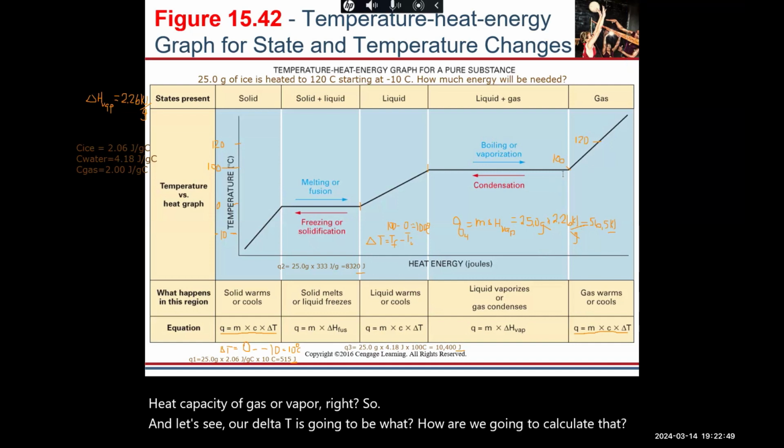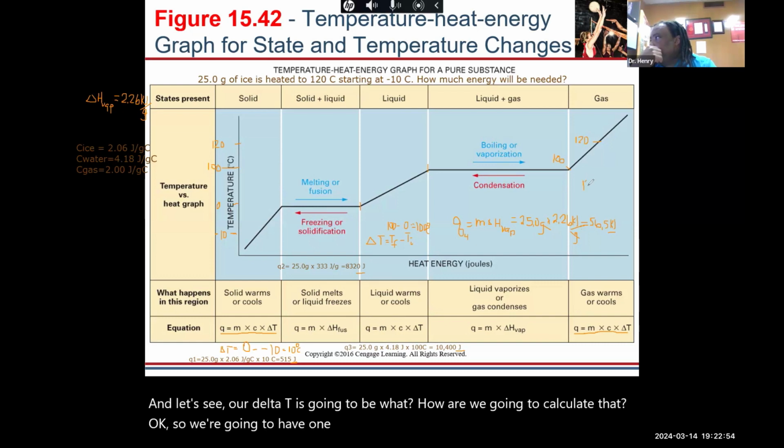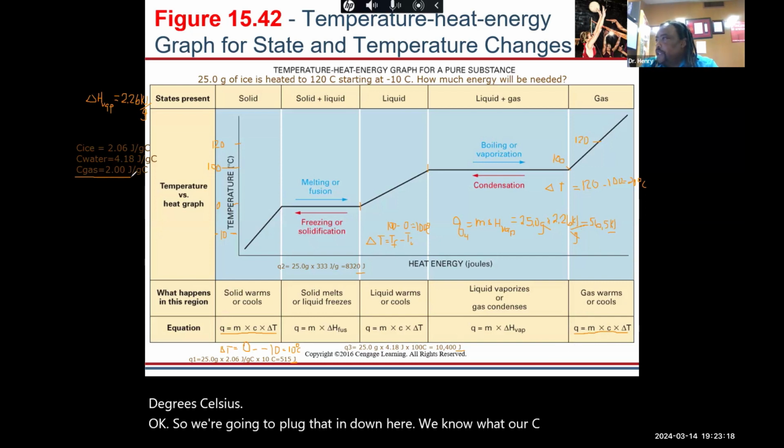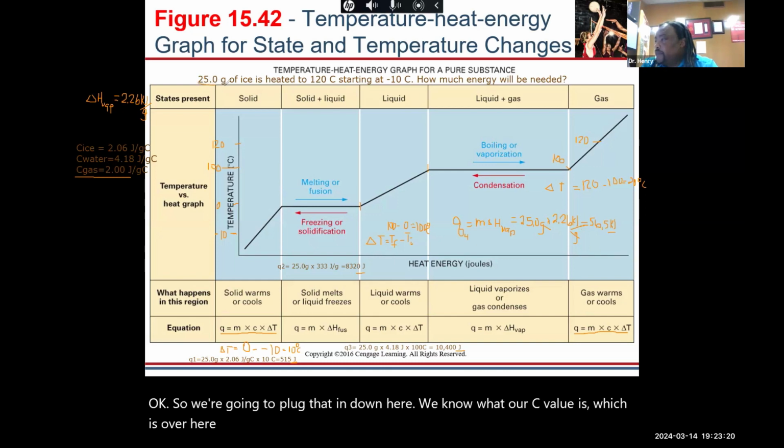The 120 minus 100. Okay, so we're going to have 120 minus 100. So that's going to be 20 degrees Celsius. Okay, so we're going to plug that in down here. We know what our C value is, which is over here, and we know our mass.